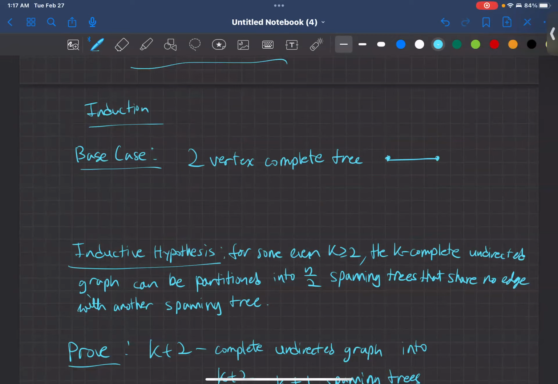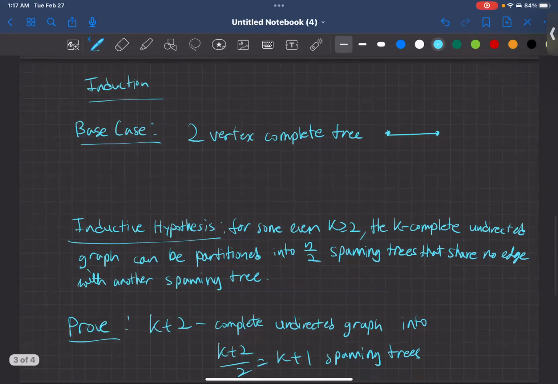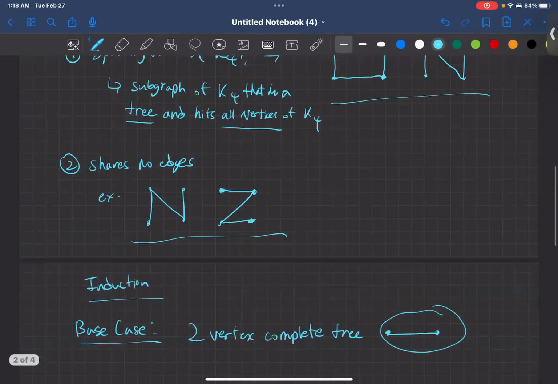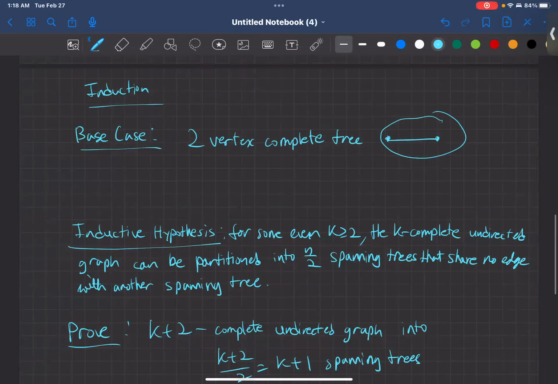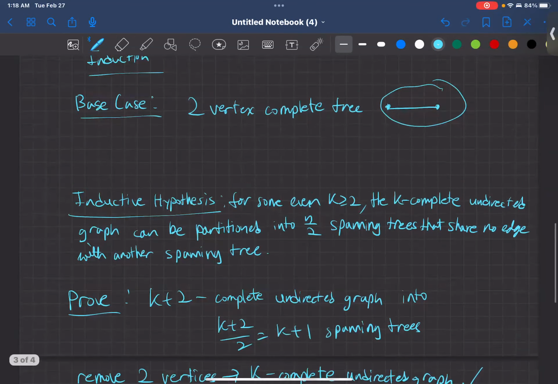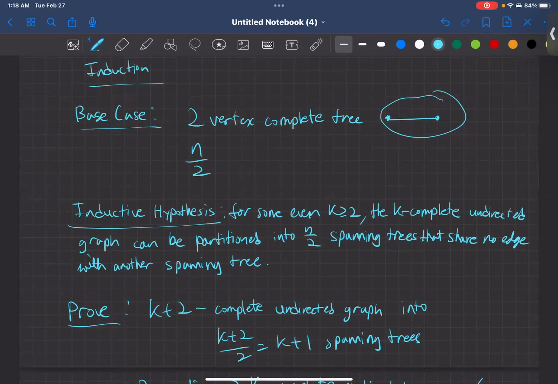The most straightforward approach to this problem would be induction on the number of vertices. Our base case will be the two vertex complete graph, which is simply this. It is straightforward that such a graph will only have one spanning tree inside it, which aligns with our formula of n divided by 2 when n equals 2.